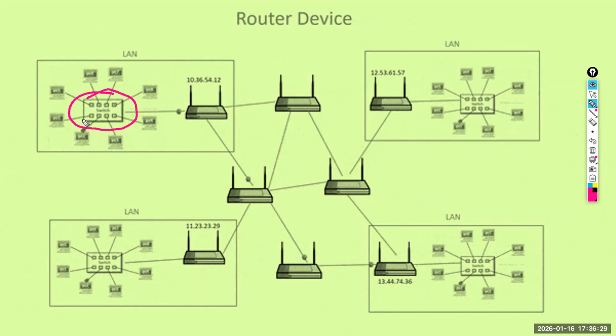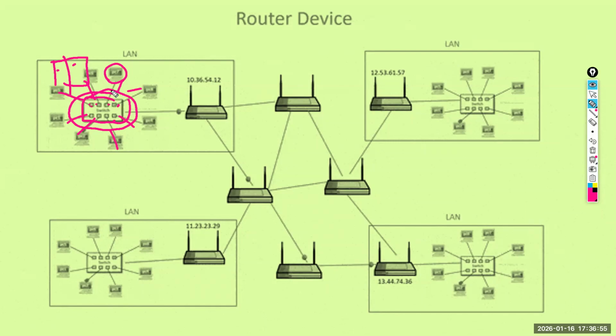So when you create a subnetwork or a local area network, what we need is a switch, and the machines are connected to the switch. A switch operates in the link layer, or the data link layer. So when a data frame reaches the switch, the switch can switch it to the correct machine because it has a MAC address to port number mapping. These are port 1, port 2, port 3, and so on.